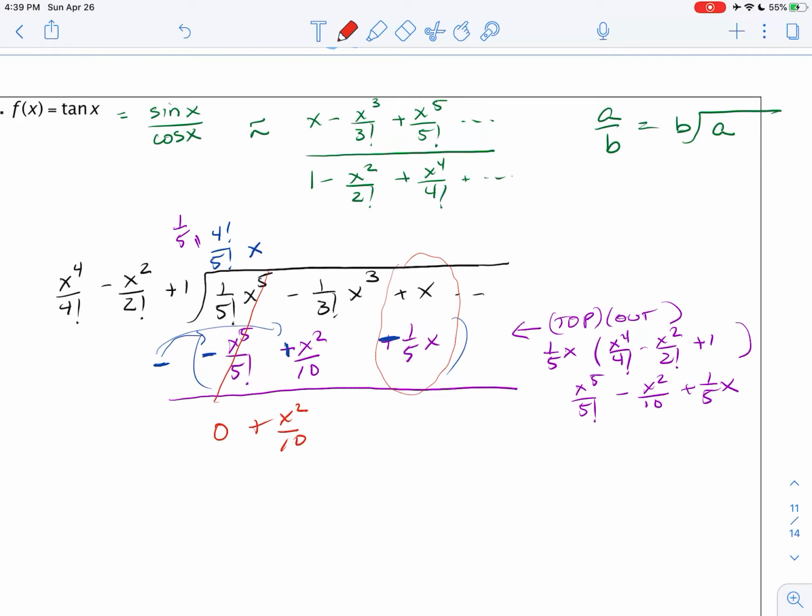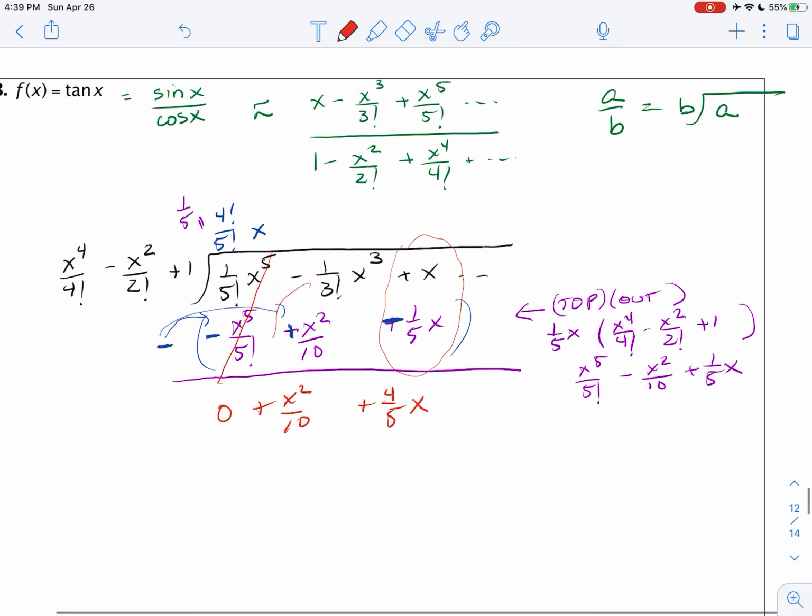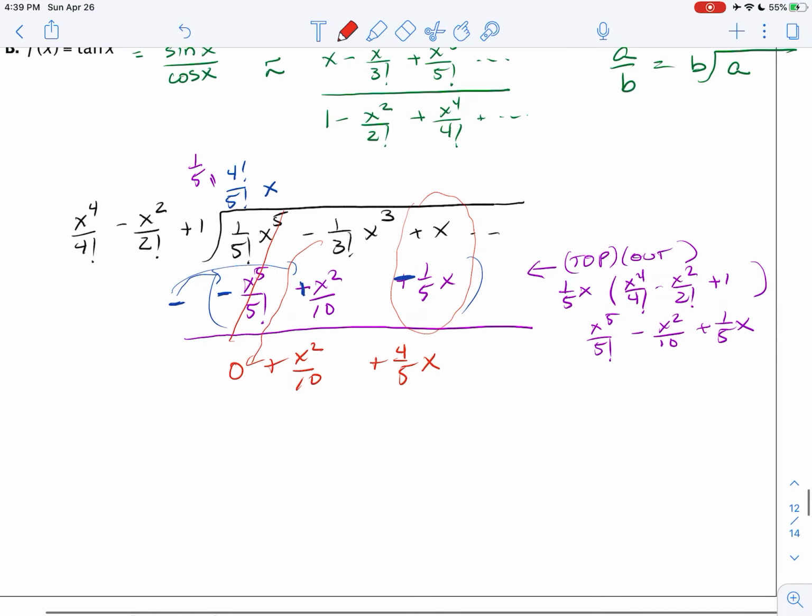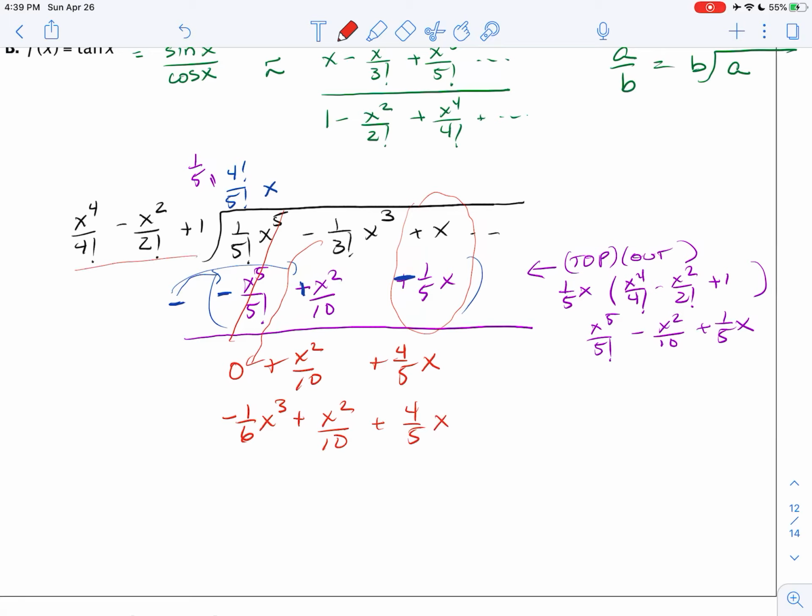And then 5/5 take away 1/5 is going to be 4/5. And we would begin again, right? So we would want to drop down the next one, and we'd begin again. So we would be beginning with 1 over 6 x cubed plus x squared over 10 plus 4/5 x, and I'm starting again with this.